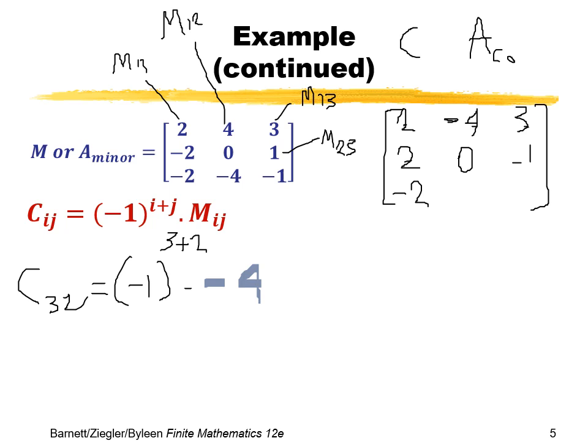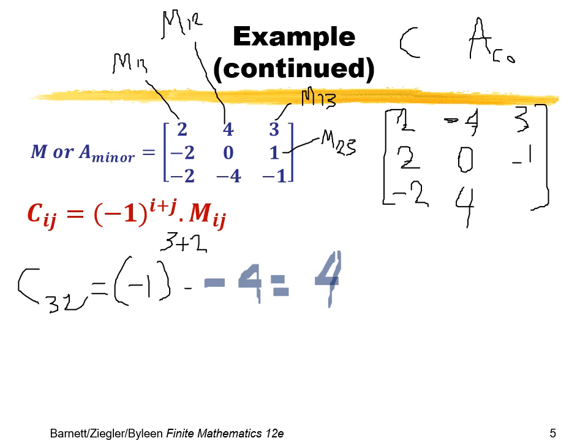So we have negative 1 by 5, which is negative 1, negative 1 by negative 4 equal 4. So we have 4 here.